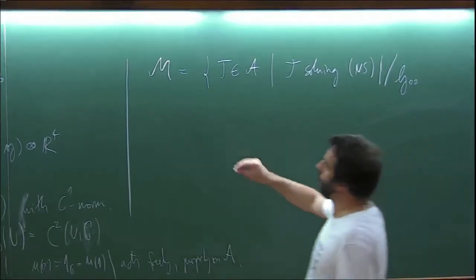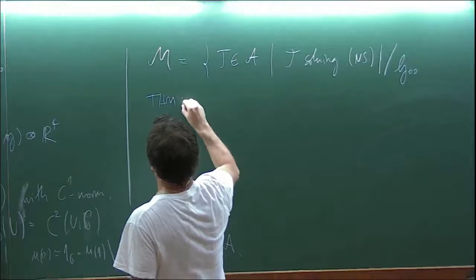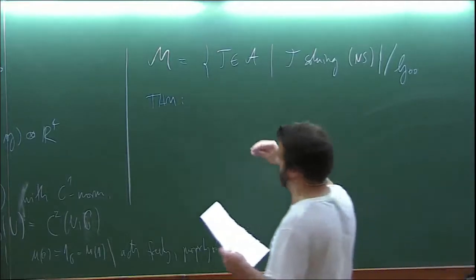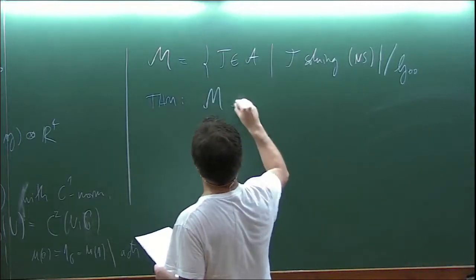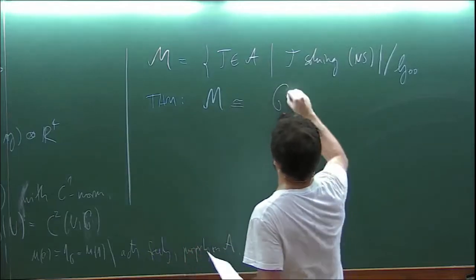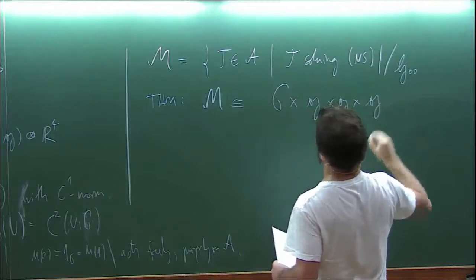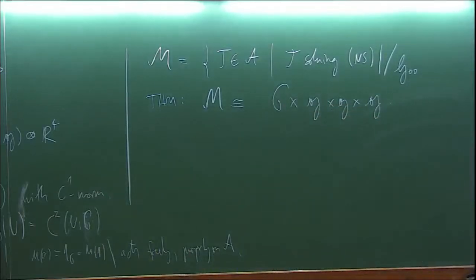The result, which is maybe not too obvious now, is a very concrete description of this quotient. There is this theorem: M is going to be diffeomorphic to G times G times G times G. The way you prove this is you find a slice for this action, and then you identify the elements of the slice with elements of these products.